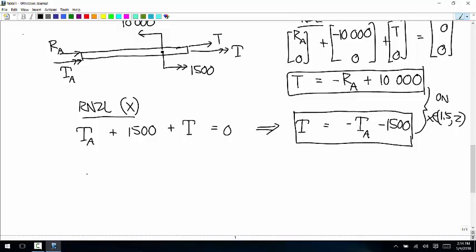The total elongation has to be 0. That's because of the two fixed joints at the two ends.